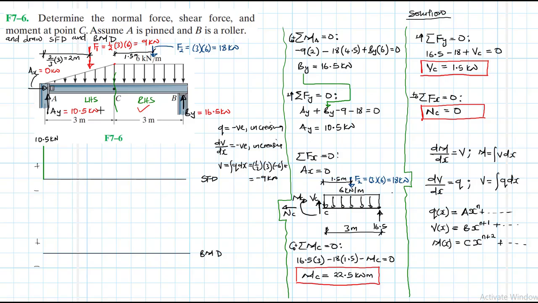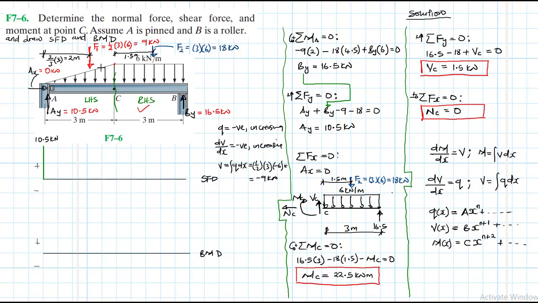So again, I repeat, the distributed load is negative and it's increasing in the negative direction from 0 to minus 6. Therefore, the slope for our shear will be negative and increasing. The magnitude of the shear is going to be equal to the area under the load diagram, which is half, since it's triangular, times 3, the length, times negative 6, the maximum load, which gives us negative 9.